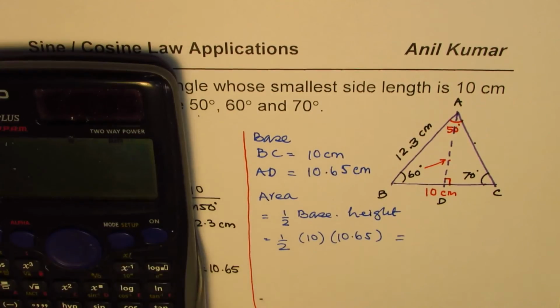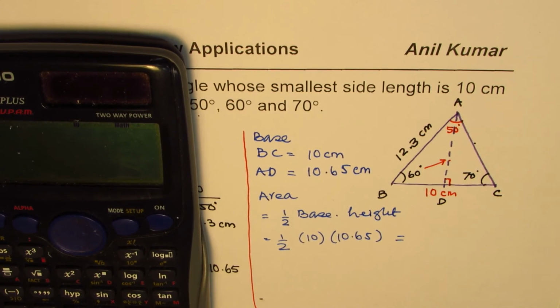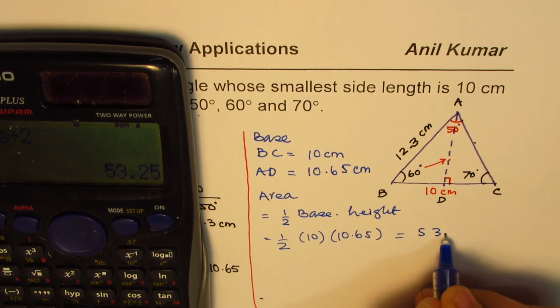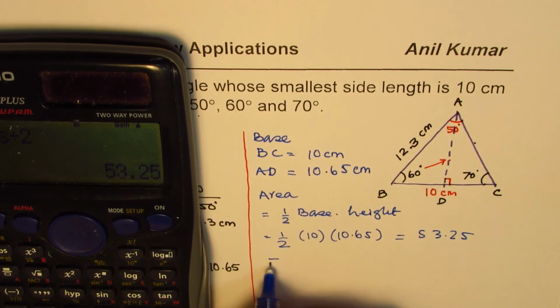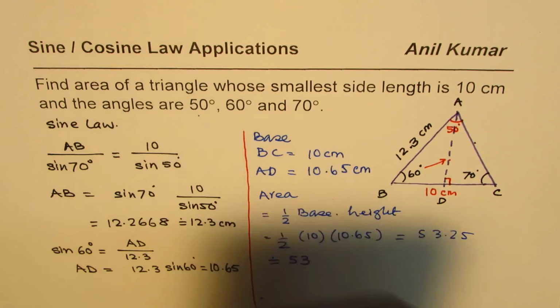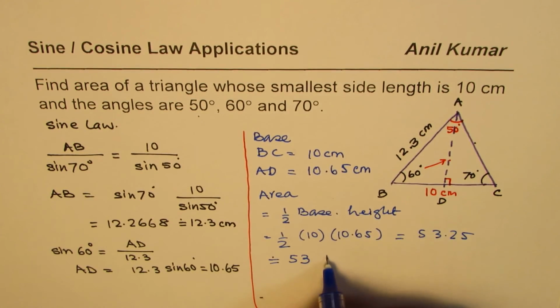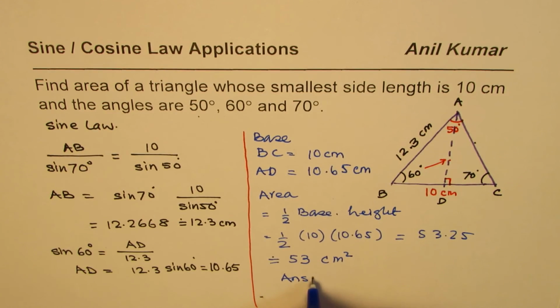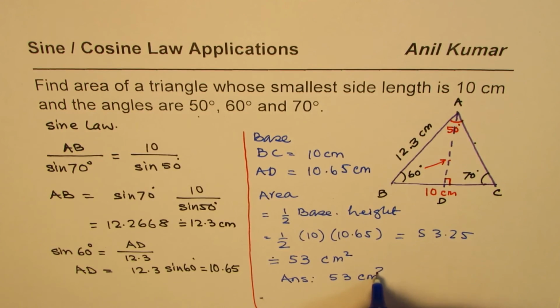We'll multiply 10 by 10.65 and then divide by 2. Round it later. So this is 53.25. We can write this as approximately 53. The area unit should be centimeter square. So the area of this triangle is 53 centimeter square.